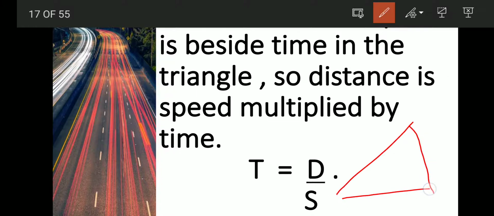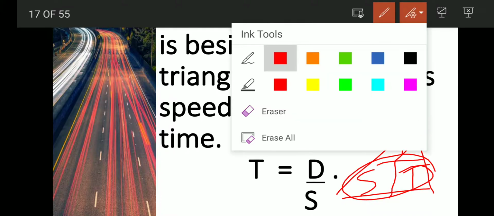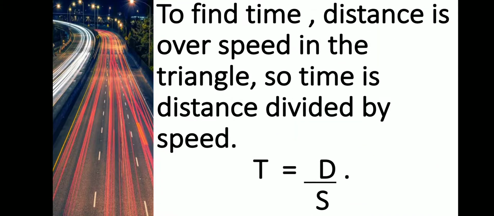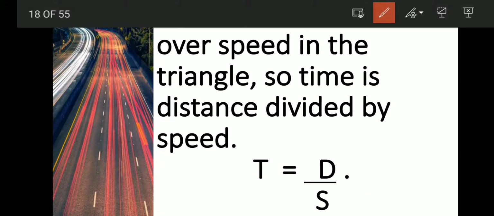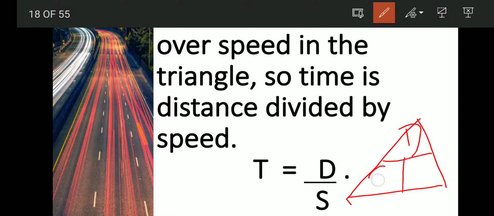So, distance equals speed multiplied by time. You can see here, speed multiplied by time. To find time, in the triangle you can see distance, speed and time. And if we want to find time, we know distance divided by speed.